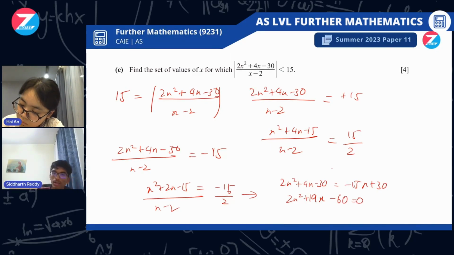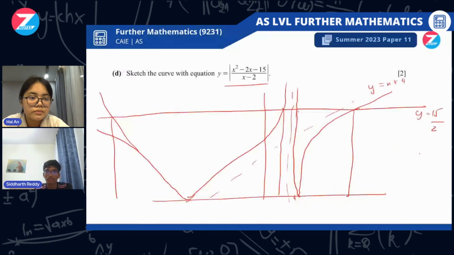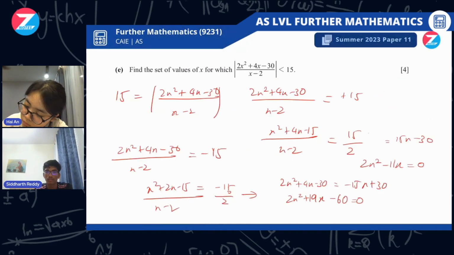And another one is going to be, in the case that it's equal to 15x minus 30, then we get 2x squared minus 11x is equal to 0. So let's solve these two equations.